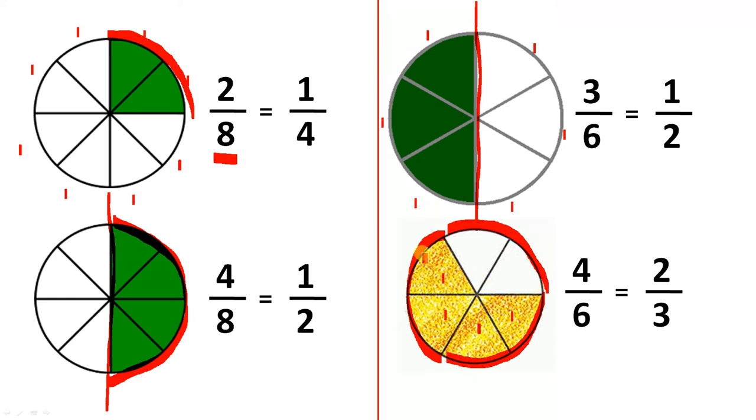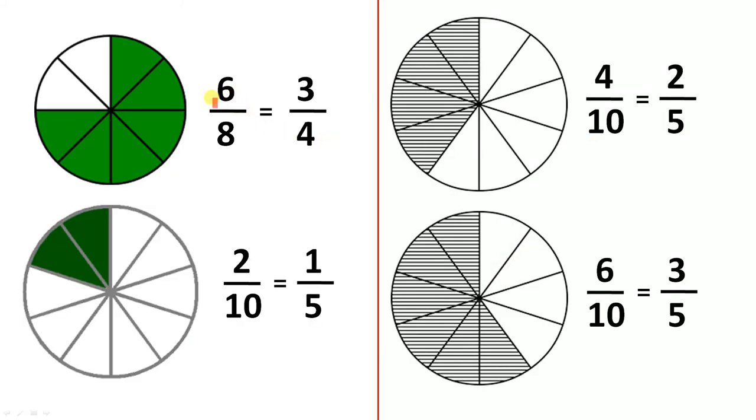So that section there is 1/3, and that section there is another third, taking those two together. So altogether 1/3 plus another 1/3 gives us 2/3, because this third here is not shaded.